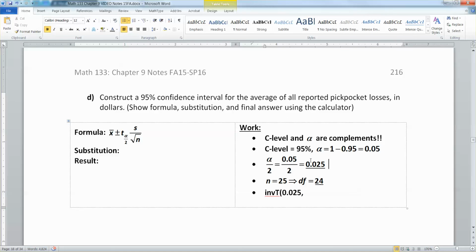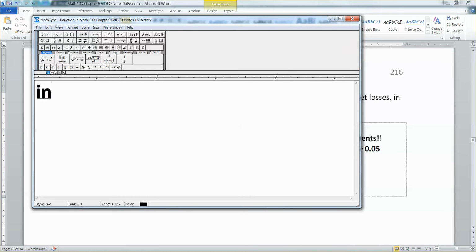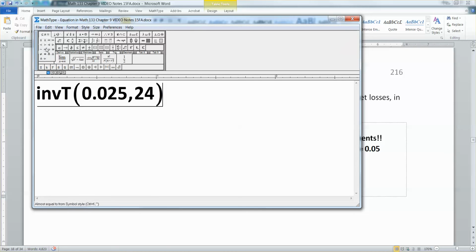And those two numbers, the alpha over 2 and the 24, are what I'm going to need in order to be able to find this value with my lovely calculator. So I'm going to use inverse t 0.025 comma 24. Okay, and that will be approximately some value, and I just have to find it.